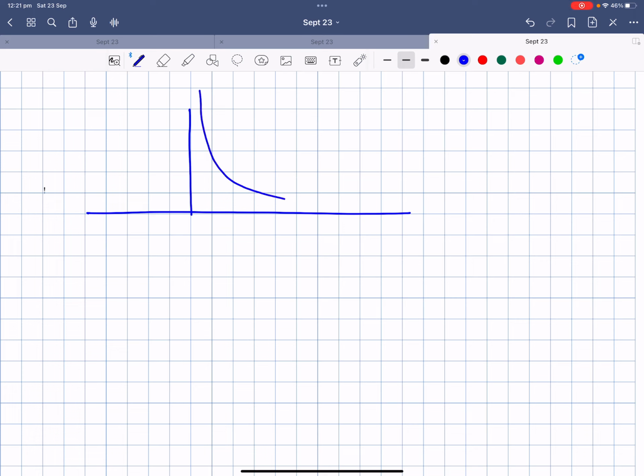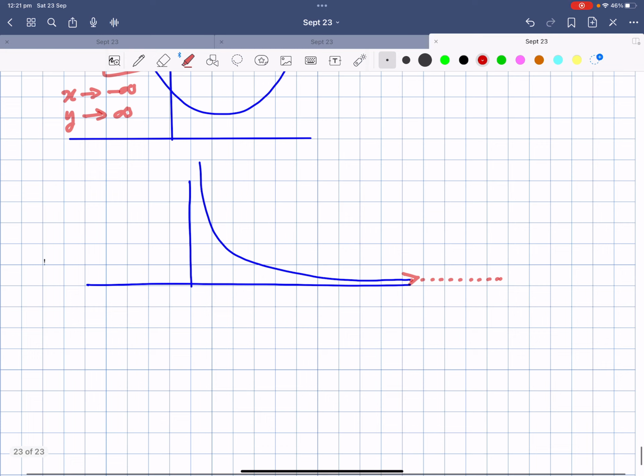Suppose you have this. Now you can see here, this is parallel, always parallel to the x-axis. This one, the y-axis is also parallel, it goes parallel to the y-axis. That is called asymptote behavior. So this behavior, how do you catch? When x goes to infinity, you can see x is going to infinity, right?